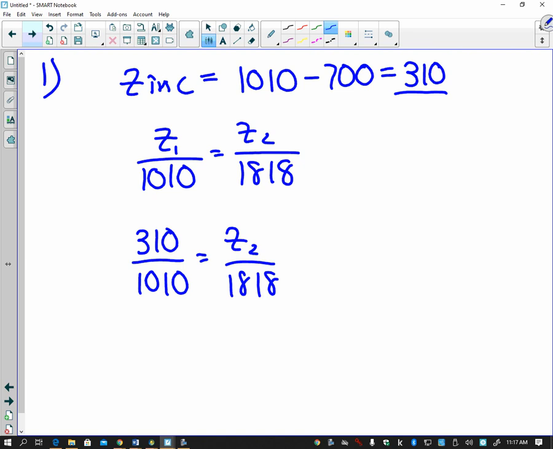Okay, so from here we're cross multiplying. We'll get some rather large numbers, but I know we're going to get 1,010Z equals whatever 310 times 1818 is, which is 563,580.